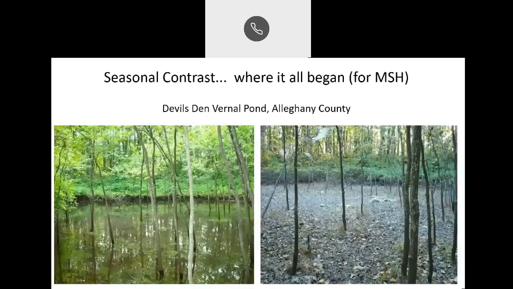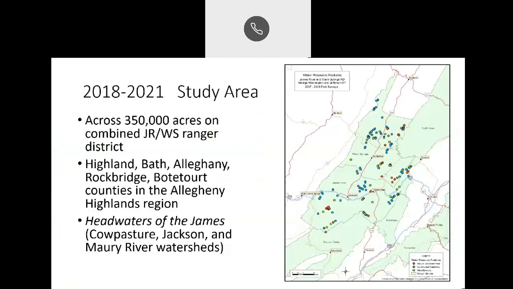Next. I'd like to tell you a little bit about what I have spent the last 4 years doing, and that is a study of vernal pools and related wetlands and unrelated wetlands in my region here. So our national forests in the western highlands here encompass more than 250,000 acres across parts of 5 counties in the Allegheny Highlands or Western Highlands region at the headwaters of the James River.